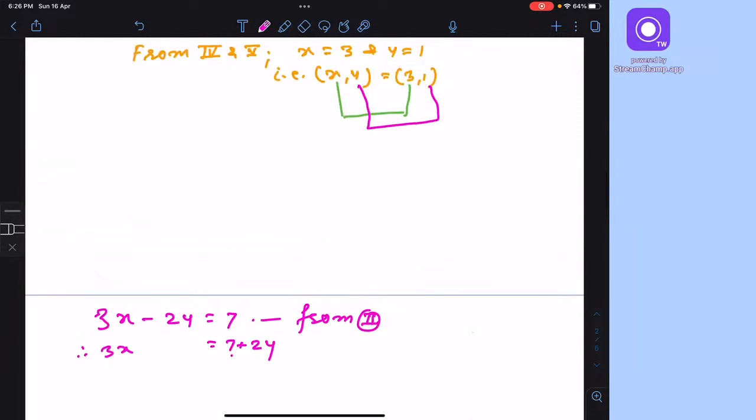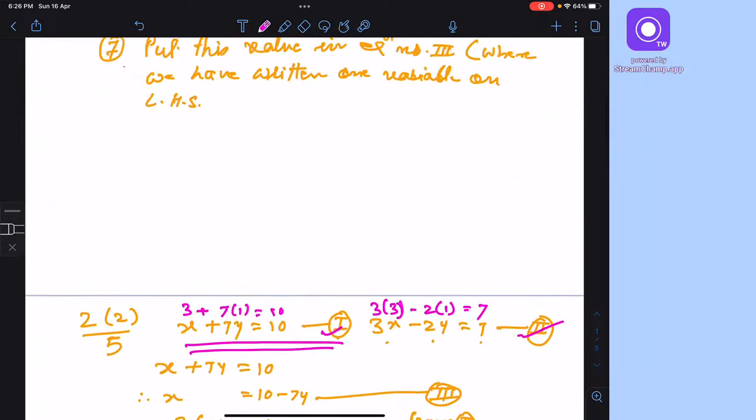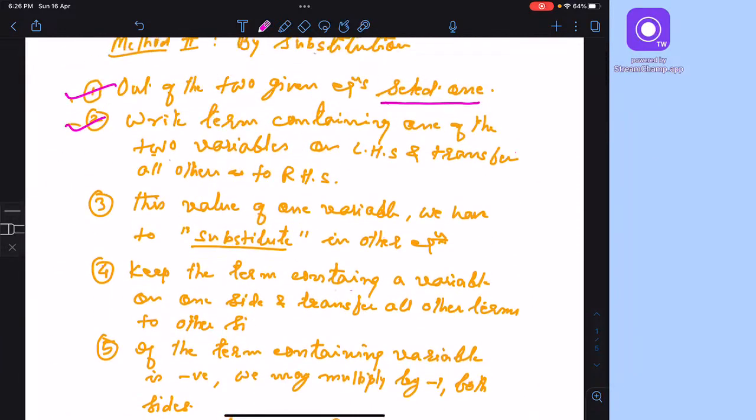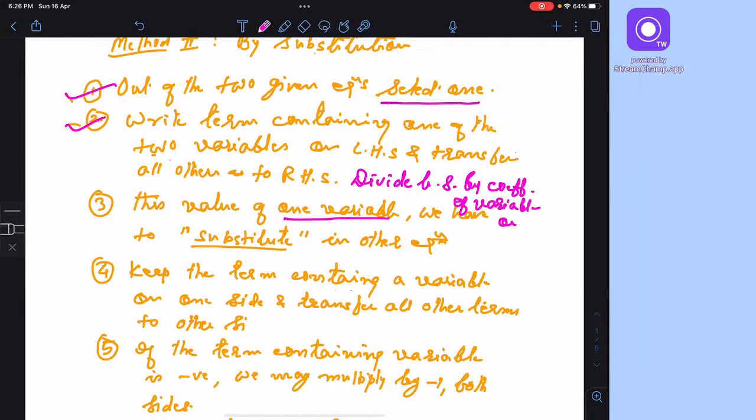Now here one step I have forgotten to tell you. Here write terms containing one of the variables on LHS and transfer all others to RHS. To get the value of one variable, divide both sides by the coefficient of the variable on LHS.